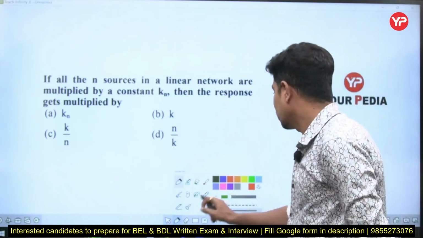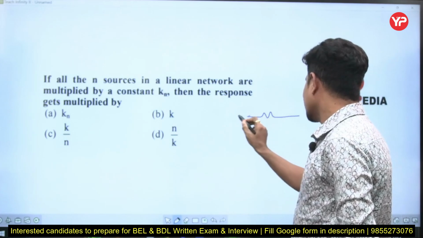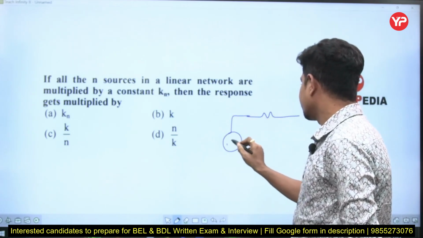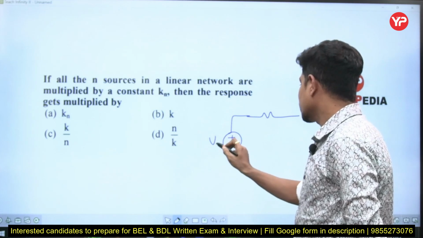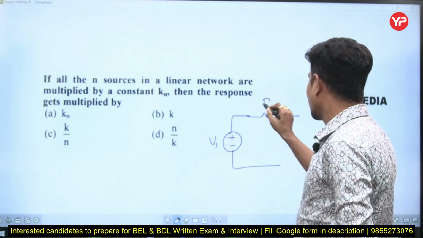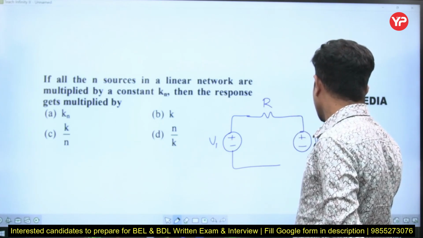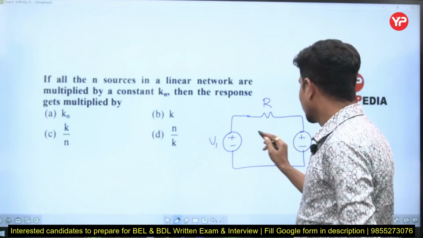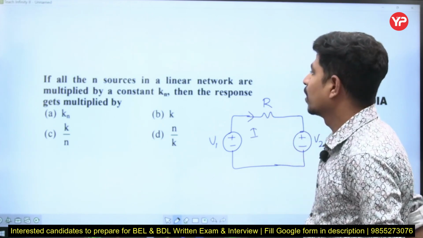So he's saying that we have a linear network or circuit. Simple circuit I take, very simple. Let me take it as DC only. So this is V1 I call, and some resistance of R I am taking. Here let me take it as V2, right? The current in this one is I. Okay, what is he saying?